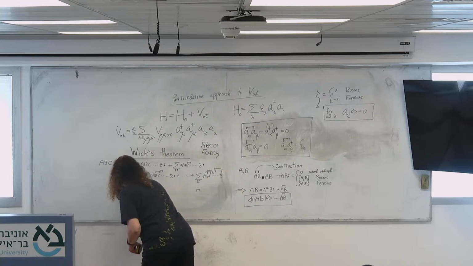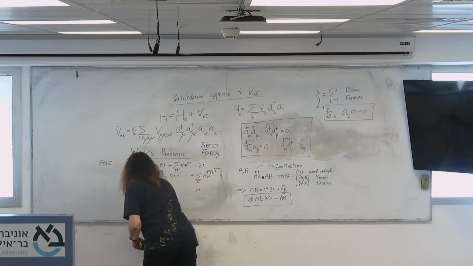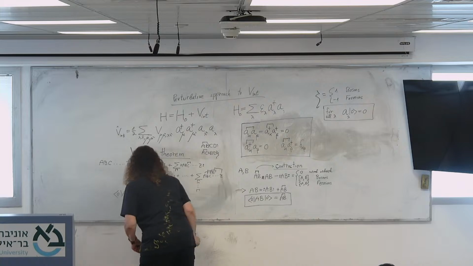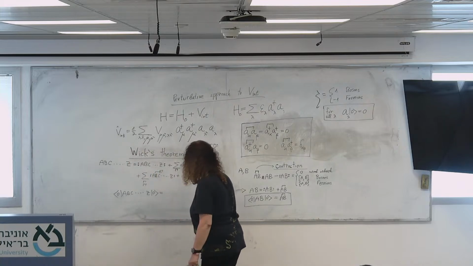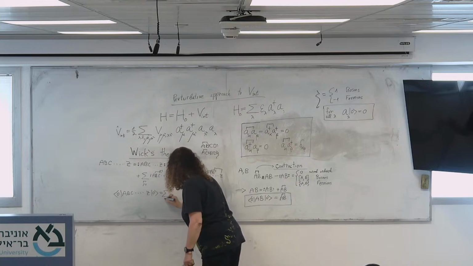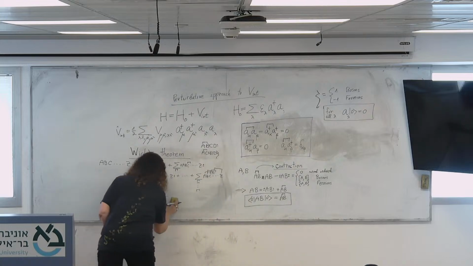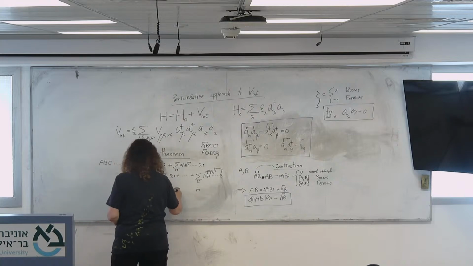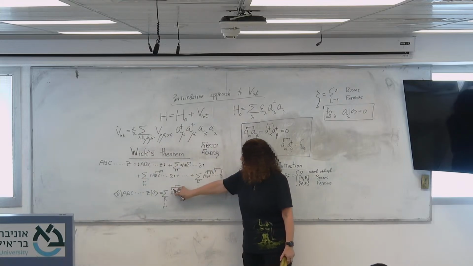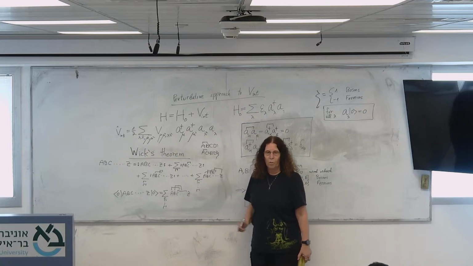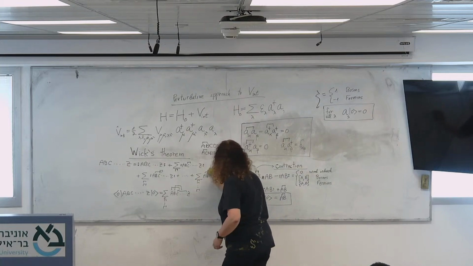The vacuum expectation value of A, B, C, and so on, is just given by the sum of all contractions, a sum of a product of all the pairwise contractions, or let me write it more transparently.